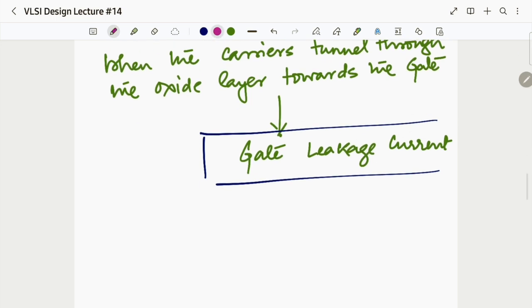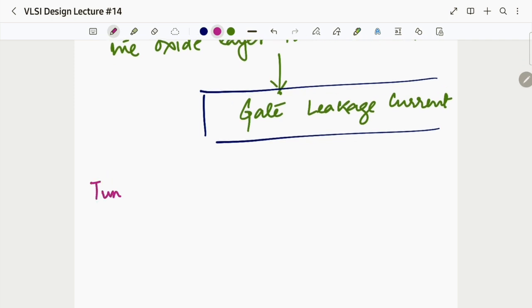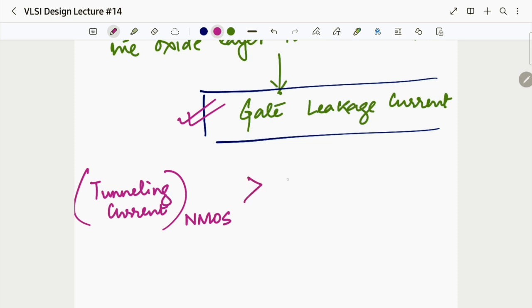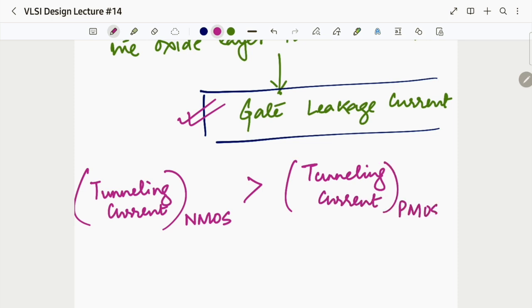Okay, and since we deal with either NMOS or PMOS, the tunneling current, which is nothing but this gate leakage current only, in an NMOS is greater than that of the tunneling current of a PMOS if and only if, IFF means if and only if, silicon dioxide is the dielectric.